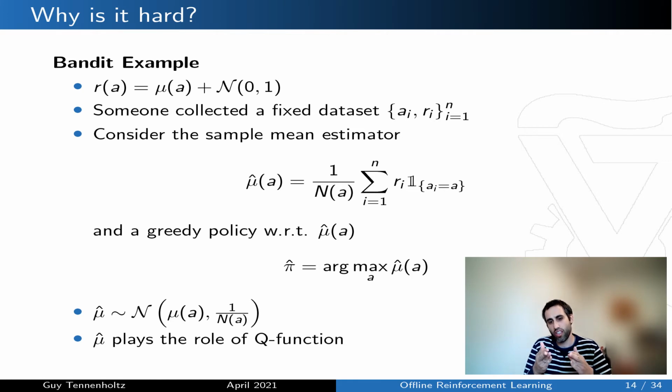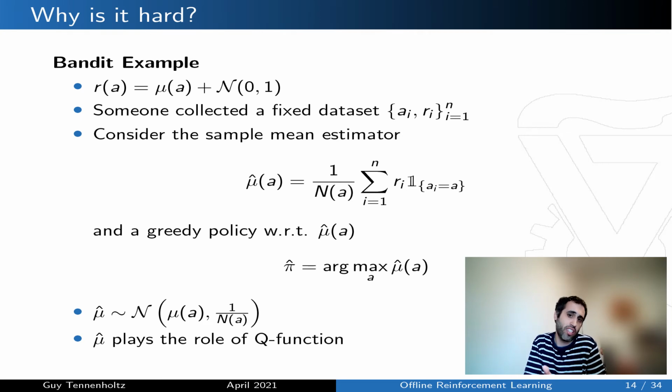Mu hat plays the role of q hat. We're trying to find a good approximation for mu, which is exactly our sample mean estimator, after which we take a greedy policy with respect to this mu hat, with respect to the Q function. Okay, so this is our policy: a greedy policy with respect to the sample mean estimator.